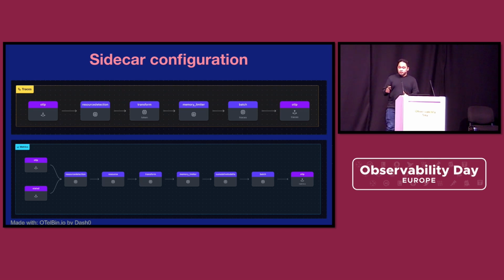Then the most important step here on the configuration for us is this processor of cumulative to delta, where we need delta temporality later on when we are converting the metrics inside the observability cluster. And so we need to make sure that all metrics that are being shipped to us are in the delta temporality, otherwise we'll lose the information.